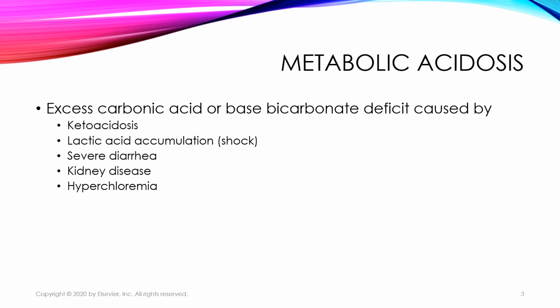Severe diarrhea is another cause, and this is because our body is going to be getting rid of any of the bicarb that was produced in the gut after digestion. Intestinal suctioning, or when we have an ileostomy or something like that, even fistulas, can lose some of that bicarbonate because the pancreas in the small intestine has released that bicarbonate-rich fluid to help neutralize that hydrochloric acid that's entering the small intestine from the stomach.